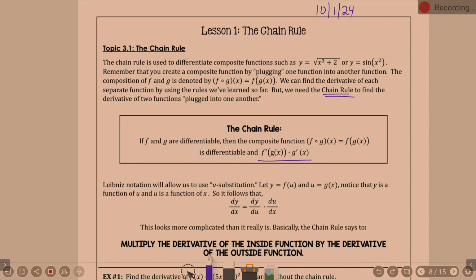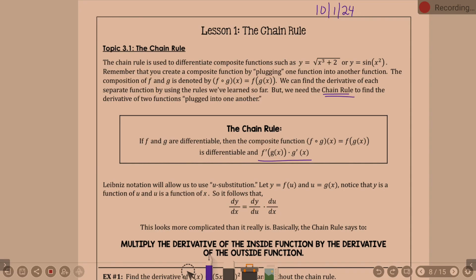The short of that is the derivative of the outside times the derivative of the inside. So what you'll see me doing is the derivative of the outside function, leaving the inside as is, and then times the derivative of just the inside.